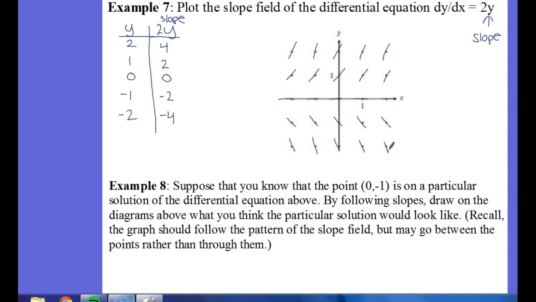What do we think the original y function would be? So again, you could figure it out too, right? And this is where I said making sure you have the right variables with the right integration variable matters. So here we have dy/dx equals 2y.